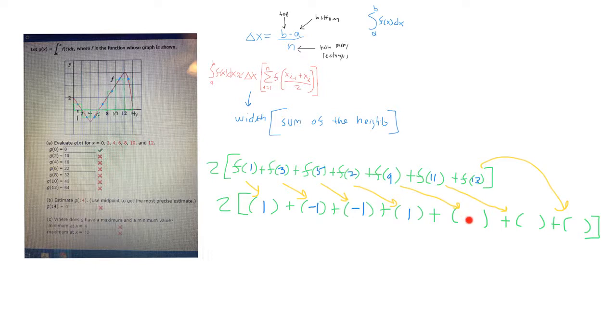So when x was 9, the height was 3. And when it comes to f of 11, when x was 11, the height was 5, right? And the height was 5 over here as well.